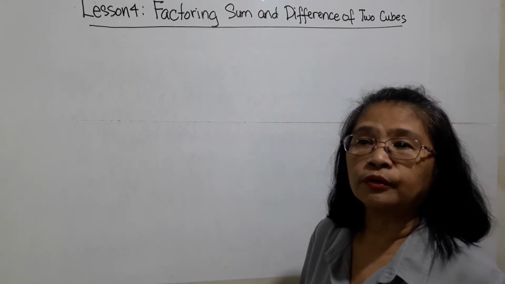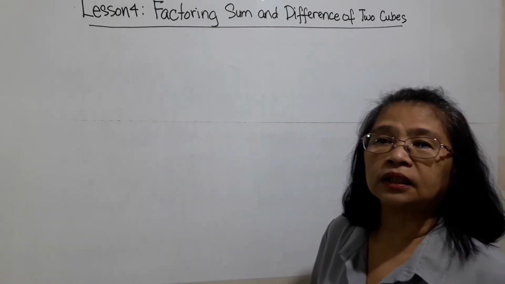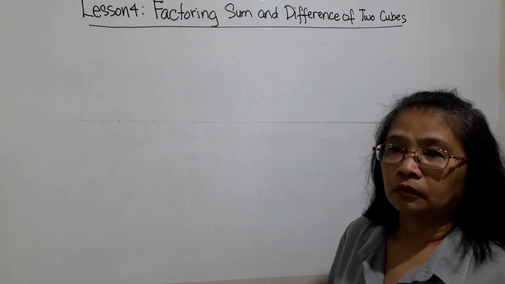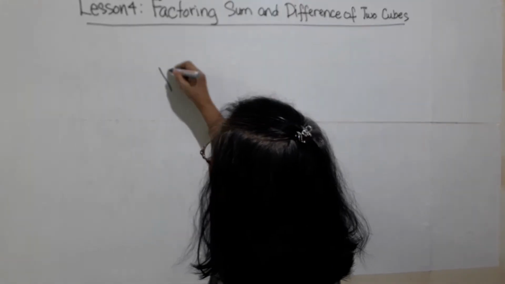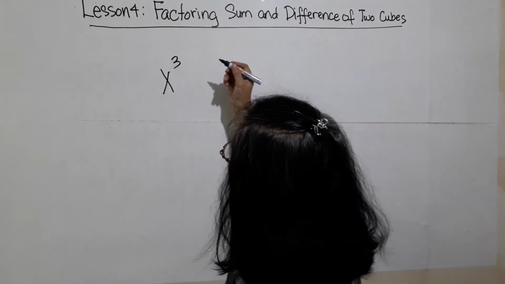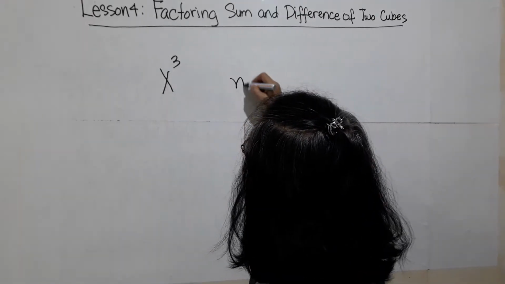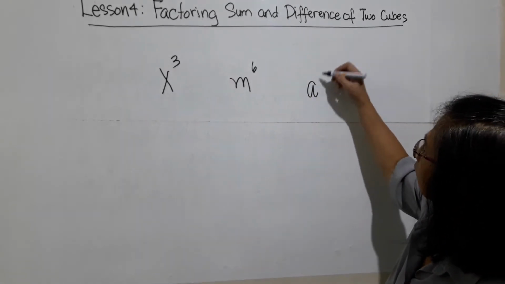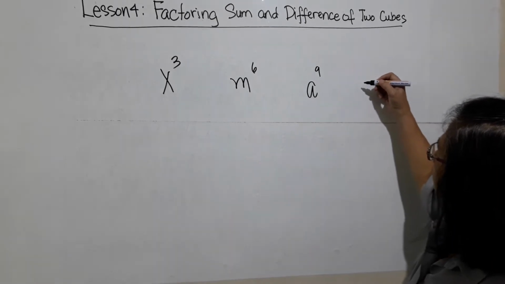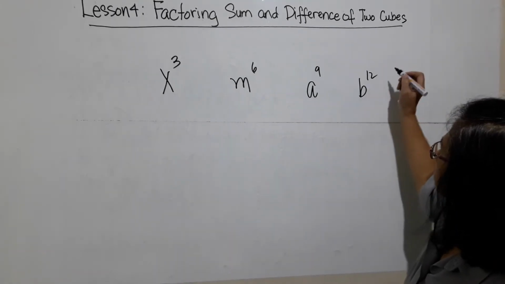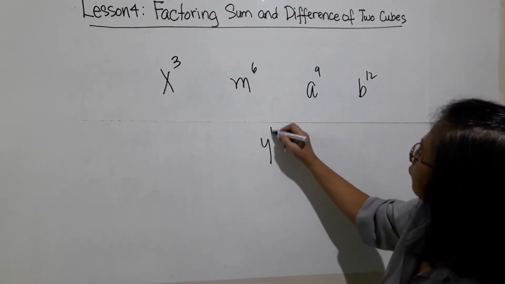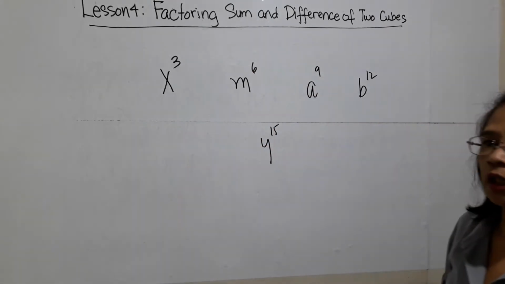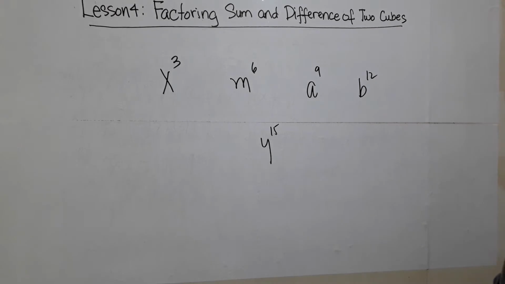How will you know that a literal coefficient is a perfect cube? Say for example, x cubed, m to the 6th, a to the 9th, b to the 12th, y to the 15th. All these literal coefficients are perfect cubes.